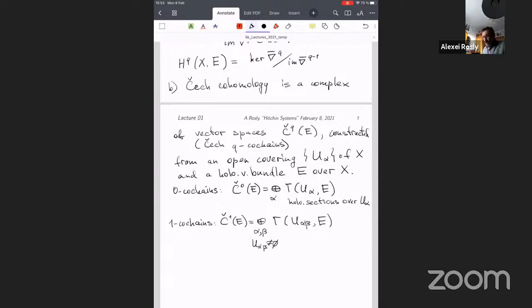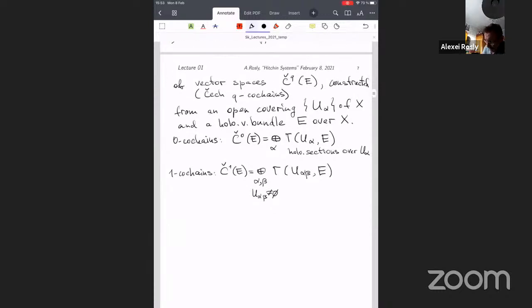So sections on open sets which are intersections, and so on.